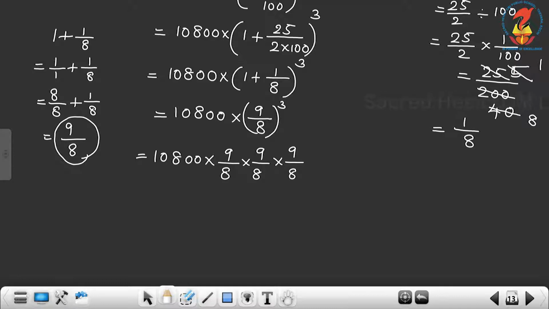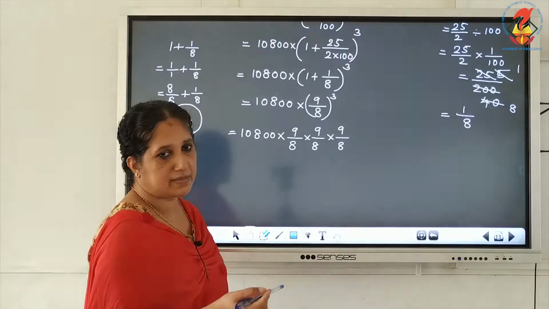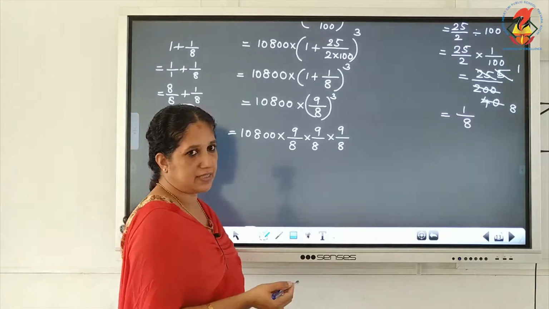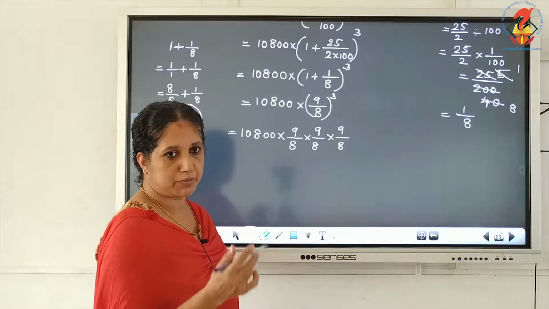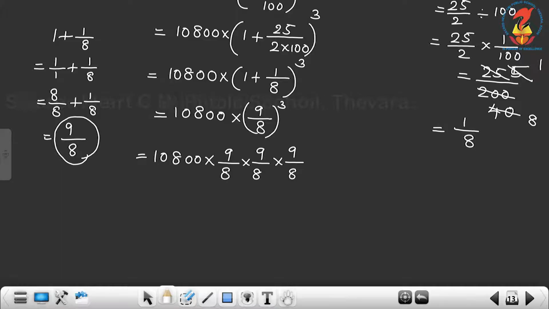Now we have to simplify this one. If you can cancel the numbers, you have to cancel it, and finally only you have to find out the product. So this one with the 2 we can do, 2 4s are 8, 2 5s are 10, 2 4s are 8, 0 0.